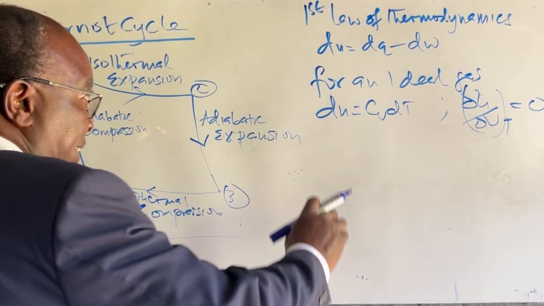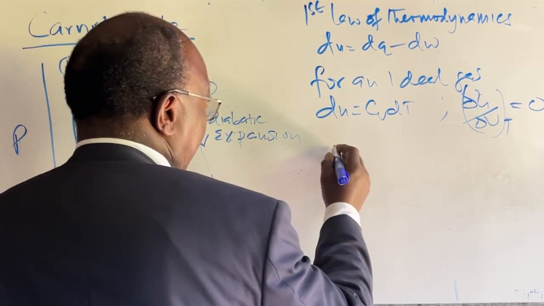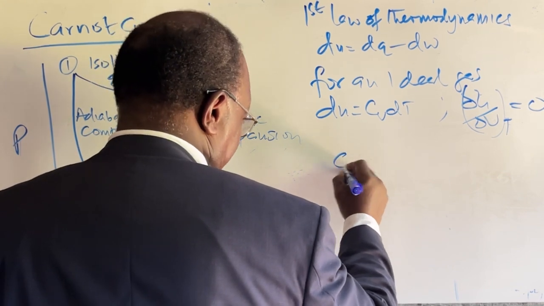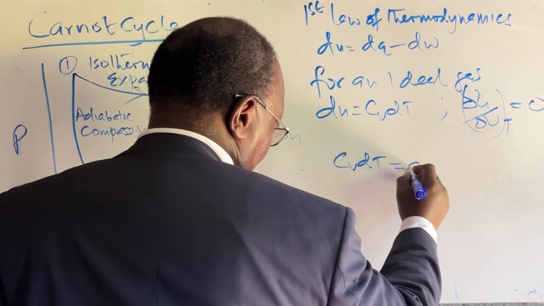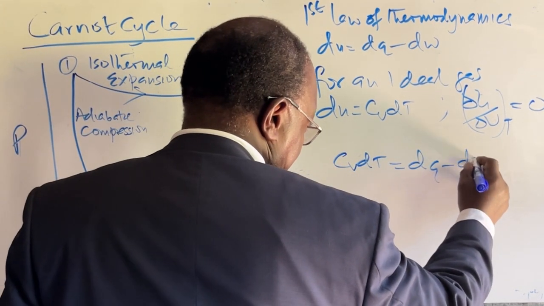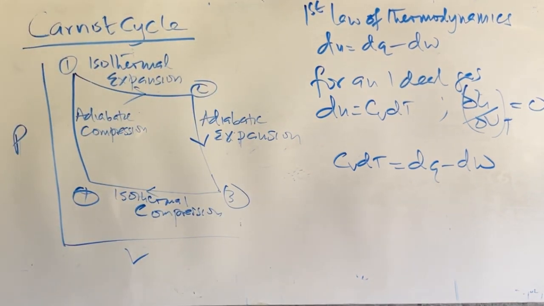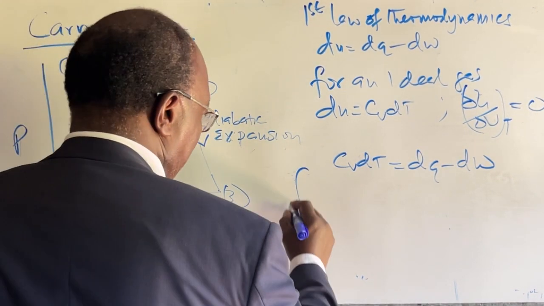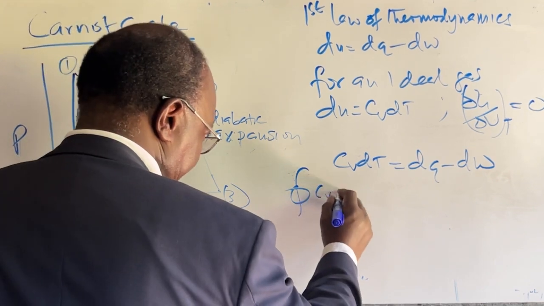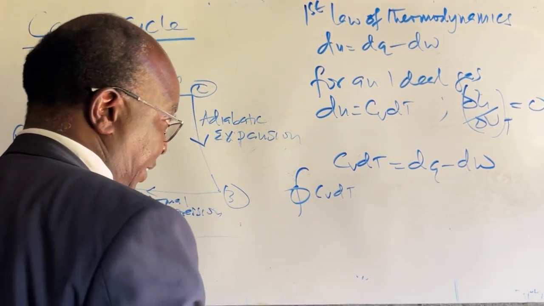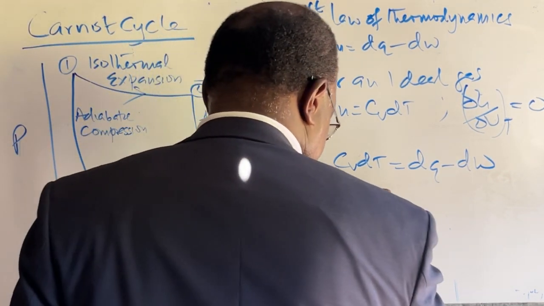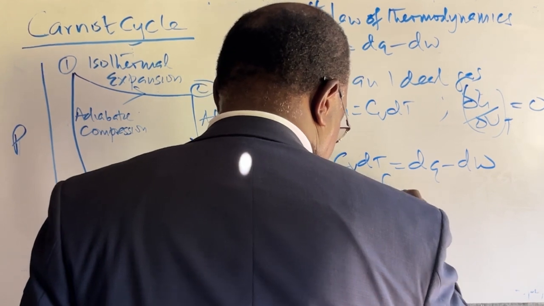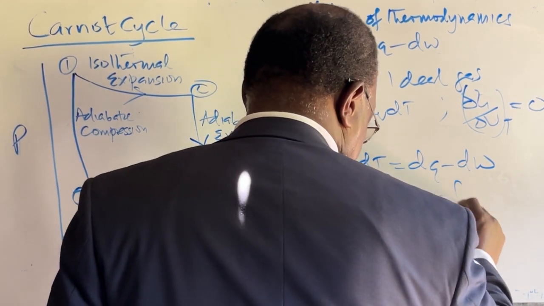So we can replace dU with Cv dT, so that Cv dT is equal to dQ minus dW. If we integrate this expression over the Carnot cycle, then we will get the integral of Cv dT equals the integral of dQ minus the integral of dW.